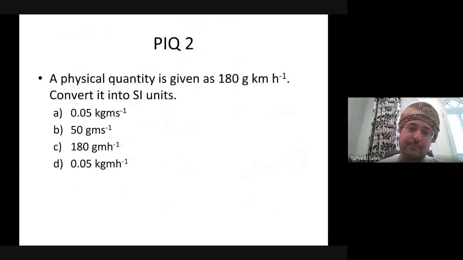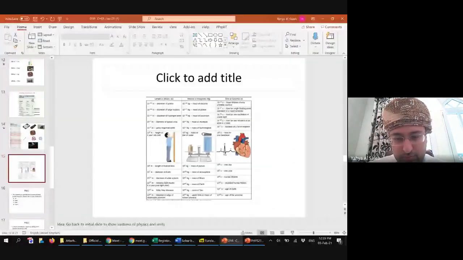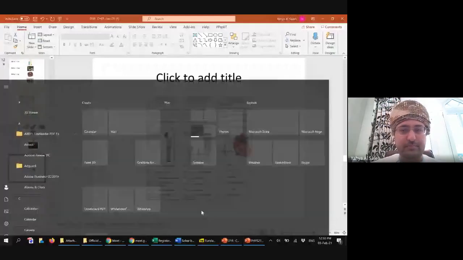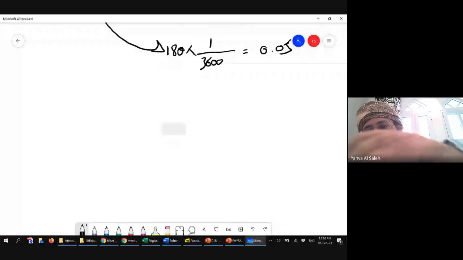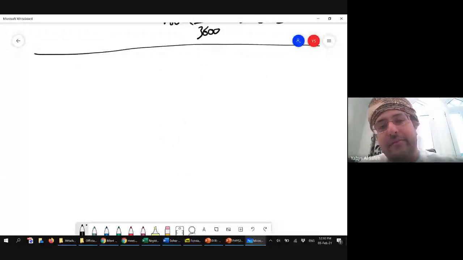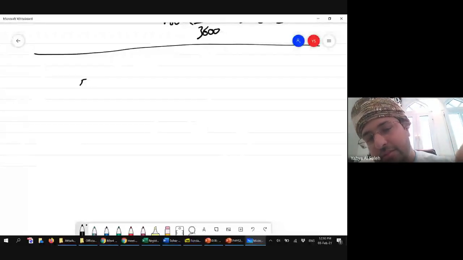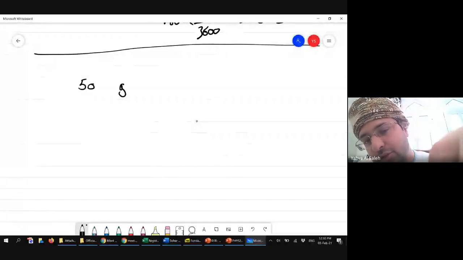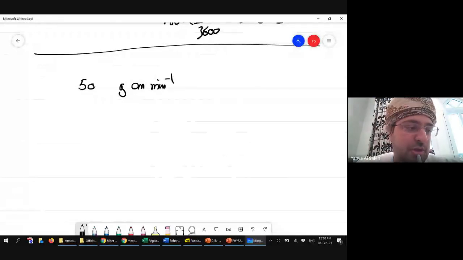Okay. Now, here's a question. If I have a quantity that is 50 grams centimeters per minute, and I want to change it to SI units.